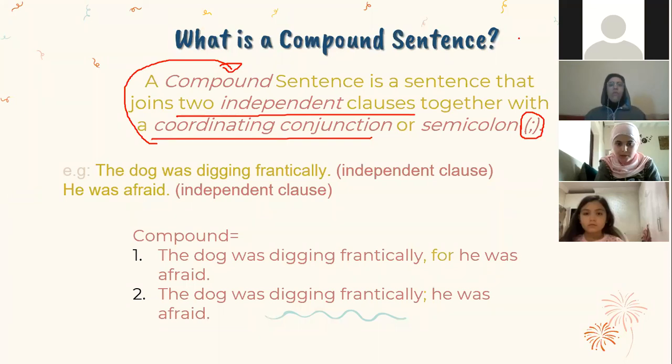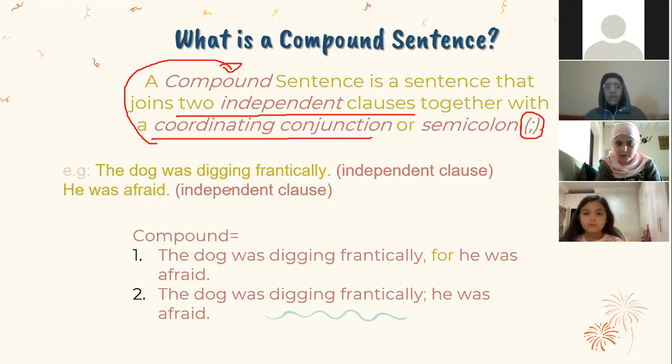Okay. So when we say two independent clauses, we mean that we will find two complete subjects, two complete predicates, and two complete ideas. Examples here. First example: the dog was digging frantically. They said here it's an independent clause.